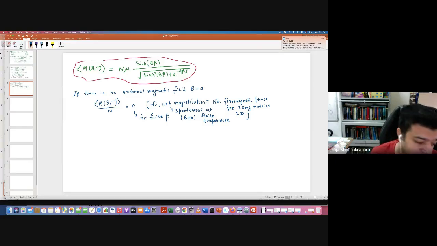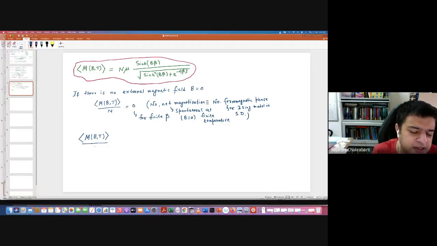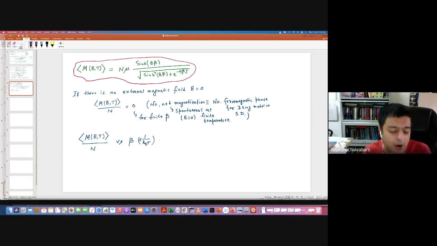at any finite temperature. But if I keep on cooling that system, what will happen? Actually, I can plot this average magnetization, divided by N if you want, versus beta. Beta is 1 over k_B T. How is it going to look? Any idea?